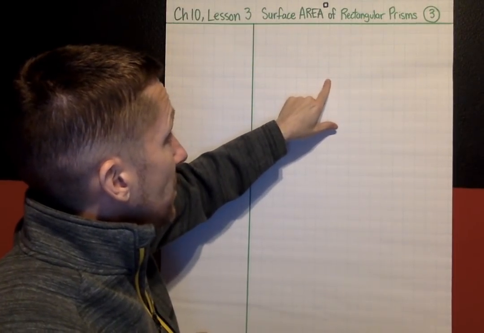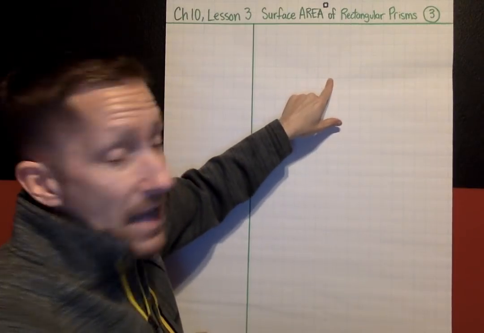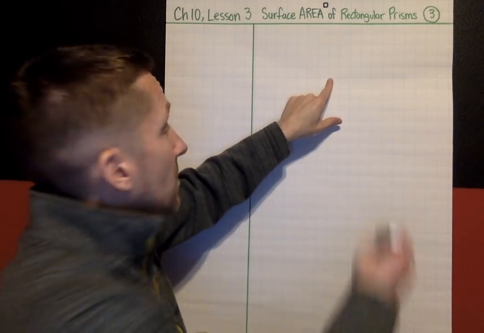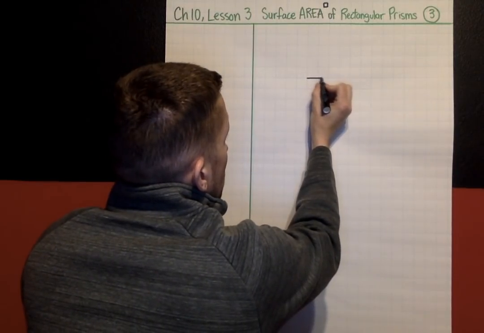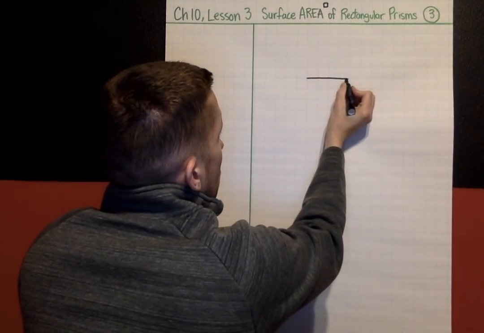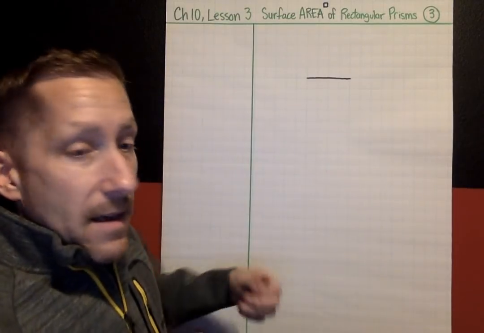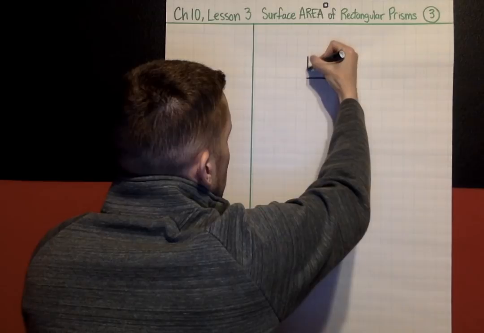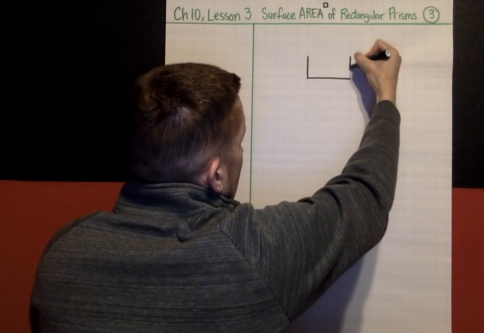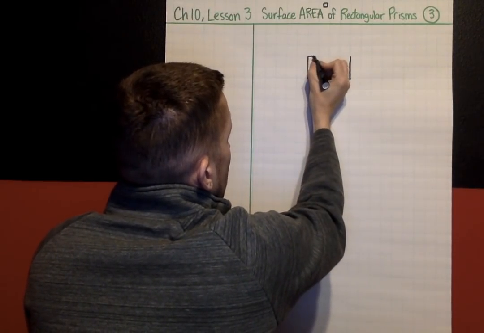And somewhere in the middle here, I'm going to draw a line that is 4 units across. So 1, 2, 3, 4. And then I'm going to come up 2 squares on both sides, and then I'm going to connect.